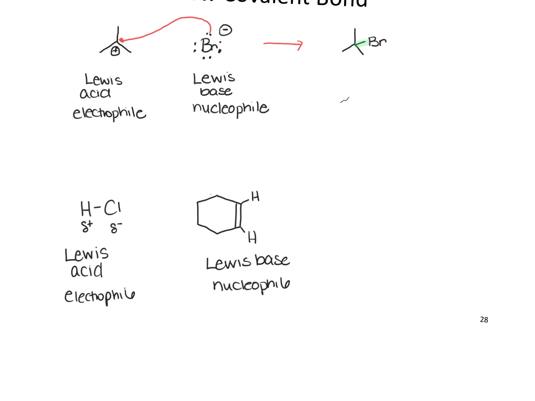And so what you find is that the electrons that make up this pi bond are going to come out, and they're going to grab that proton and pull it back, similar to what we saw in a proton transfer reaction. And then these electrons are going to go, and they're going to live on the chlorine.